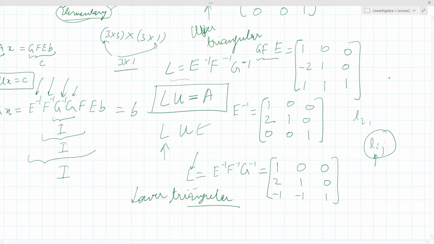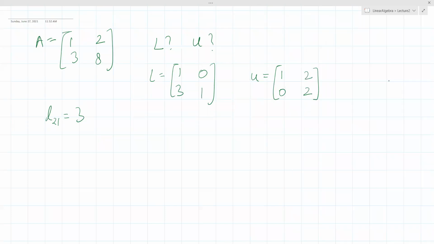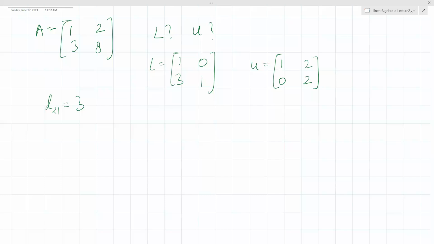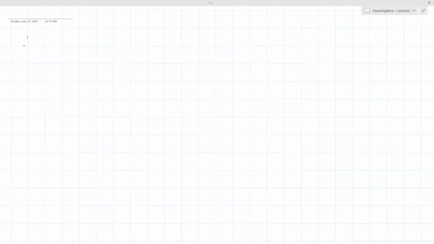So that is one example. Now let us try to do another example. Let us say A is equal to 1, 1, 1, 1, 2, 2, and 1, 2, 3.